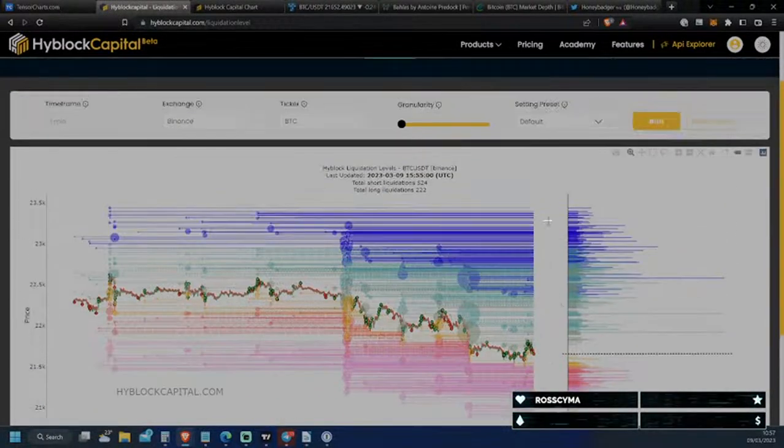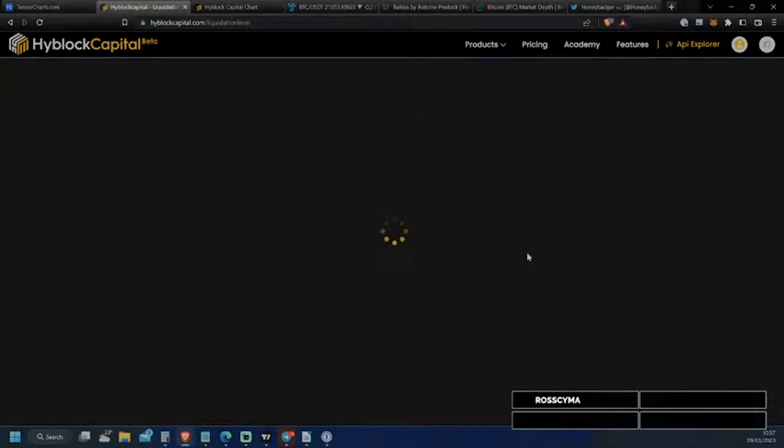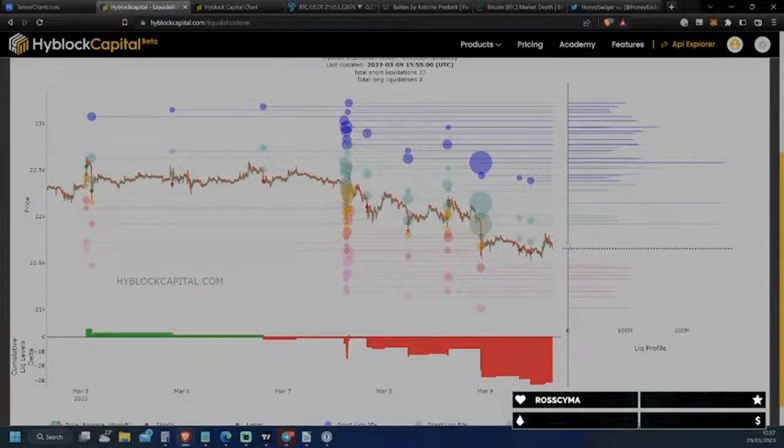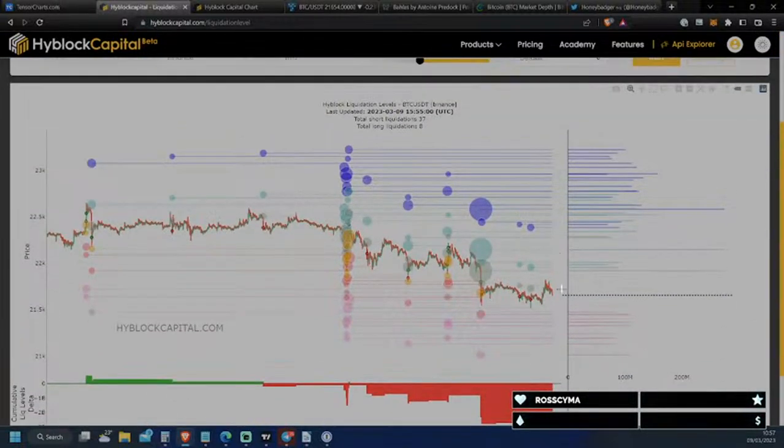On the liquidation side, if we bring the granularity up a little bit, we can see more or less where the more attractive areas are. We've got these massive liquidation pools that have recently come up. These three here are in line with our expansion idea.